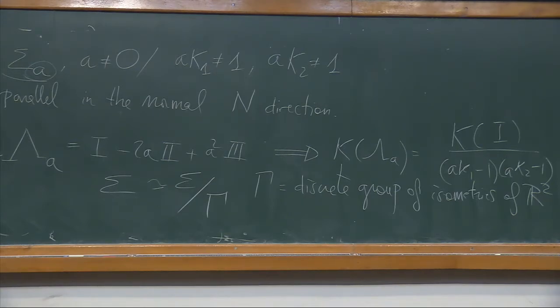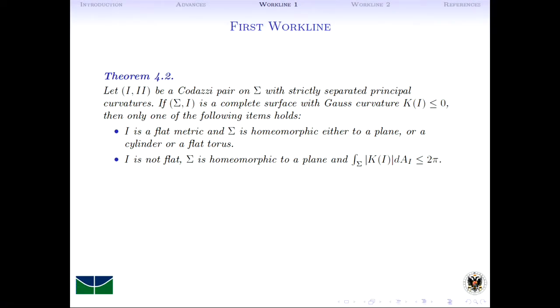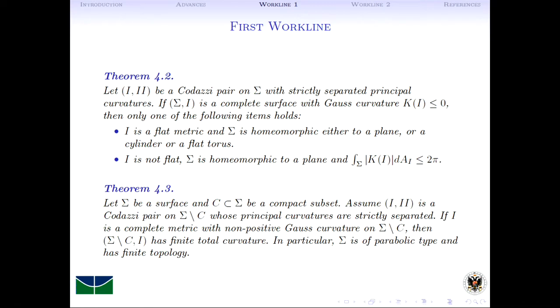The second item states that by Hilbert's theorem, the total curvature is finite, bounded. The following result just applies the conditions of the first one outside a compact subset of the surface.